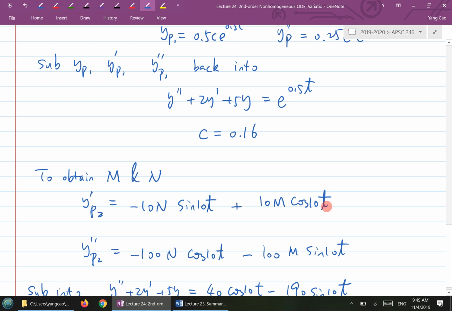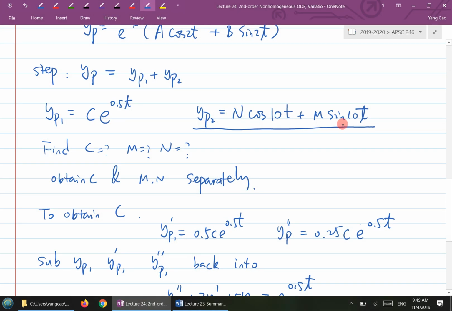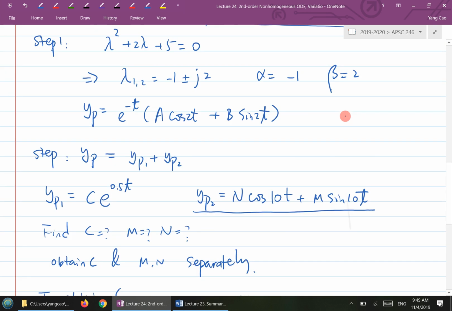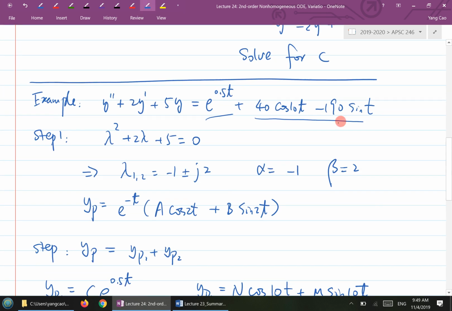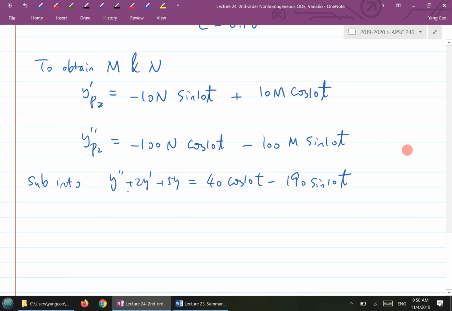No, further up. Over here? Yeah, 190 sine. Oh, there's a miss of 10t here. Exactly. If I had a sine t there, then I'd be separating things further. Good point. Okay, very good. Up to this, it should all be all right.